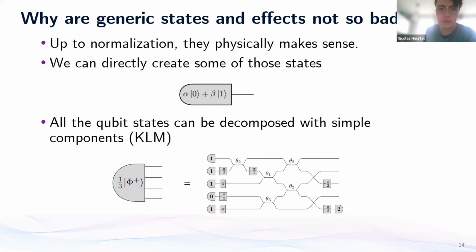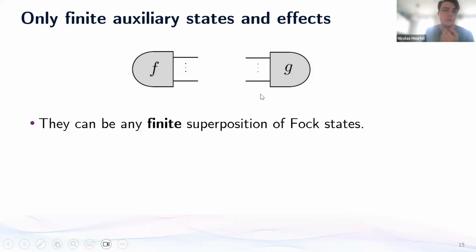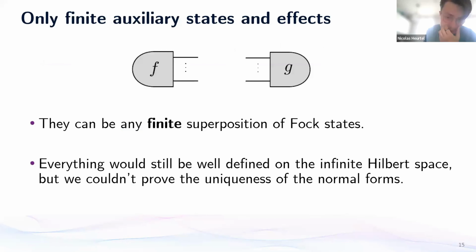Okay. So now, just before I said generics, but as the title said, I'm only working with finite superposition Fock states in the sources and detectors. So why finite? It's not because things wouldn't be defined.